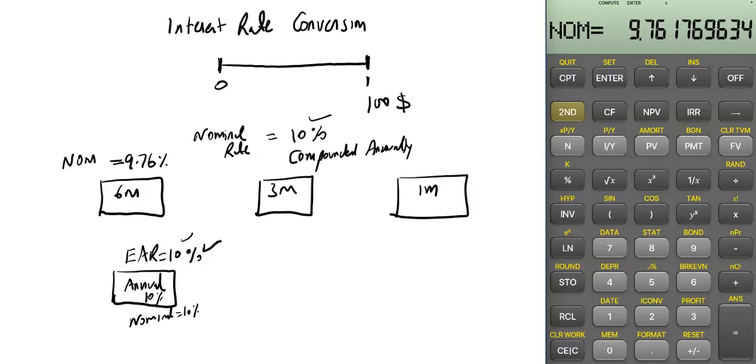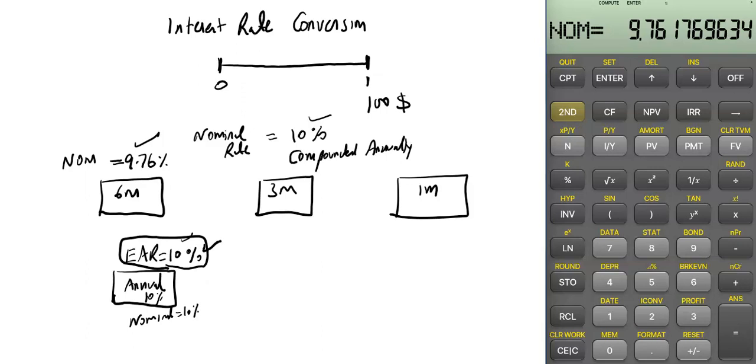In order to achieve the same annual rate, the effective annual rate of 10%, the nominal rate is 9.76. Why is it lower? Because in order to achieve the 10% after 1 year, you have the liberty to compound this twice in a year. So that's why this rate will be lower. Even in quarterly, this rate will be lower compared to the 9.76%.